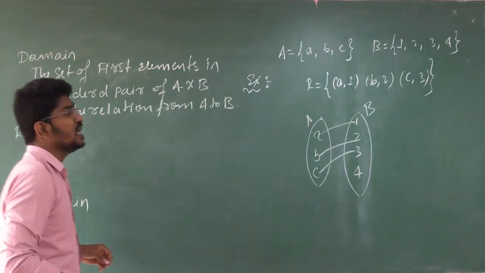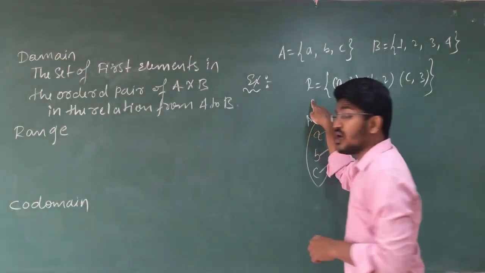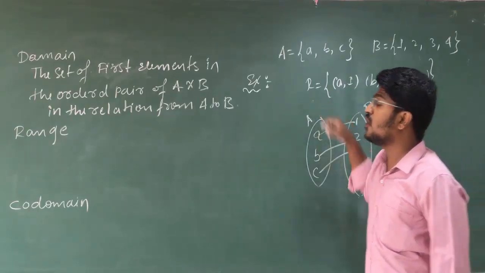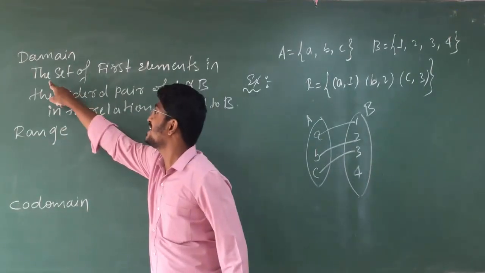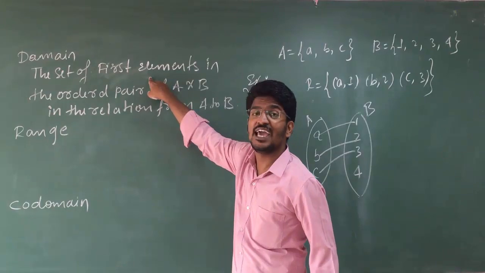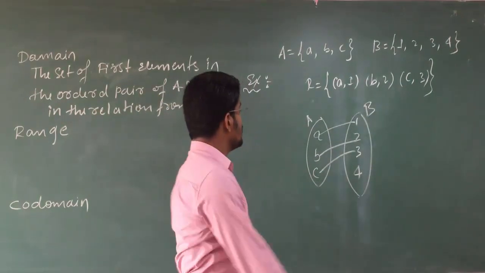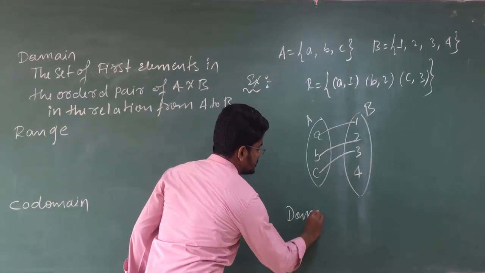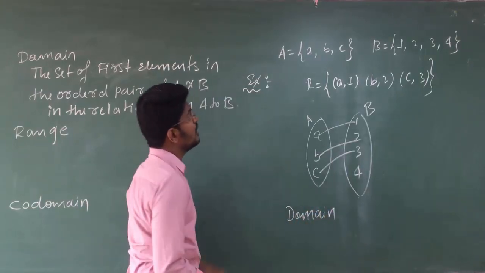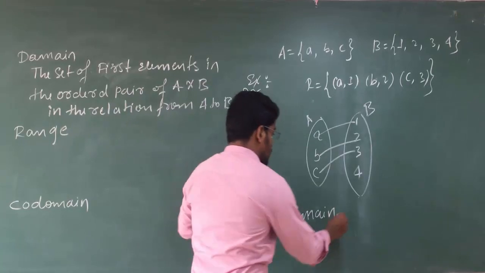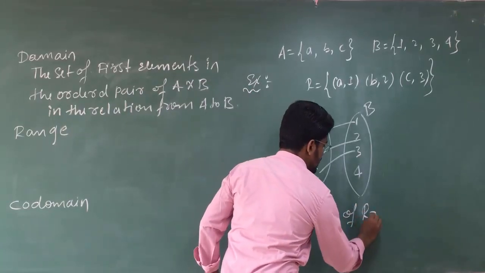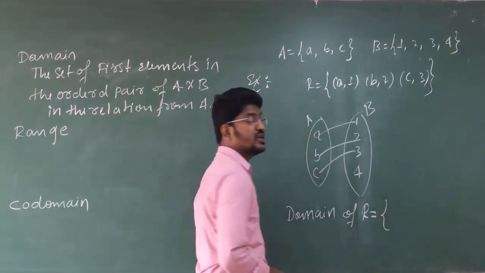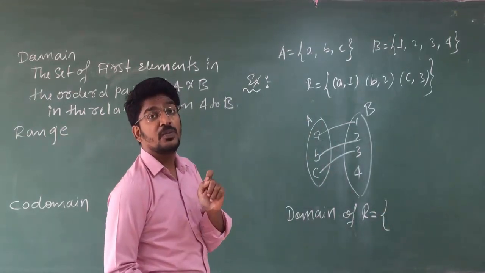That means, see here, there is a relation R. If you want to write the domain of this relation R, what you have to do? You have to collect the set of first elements. That means domain of R is equal to, see what you will get, the collection of first elements of the ordered pairs.